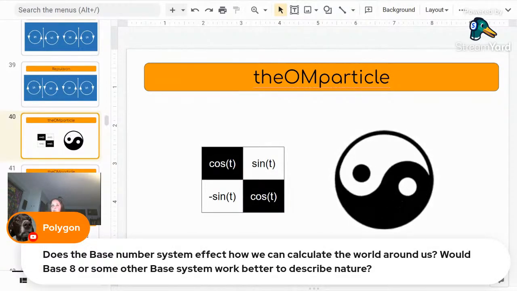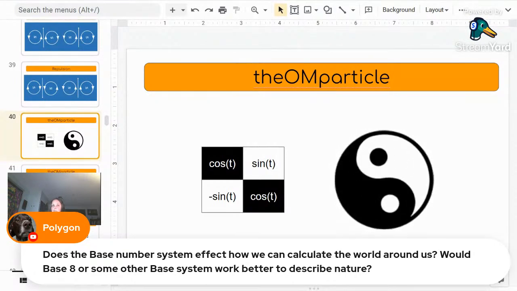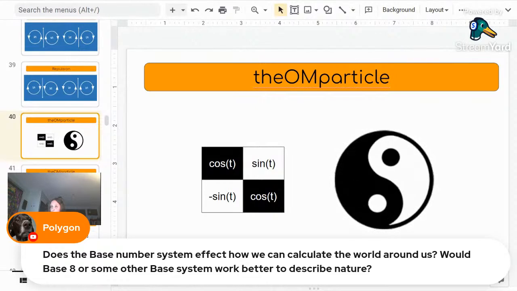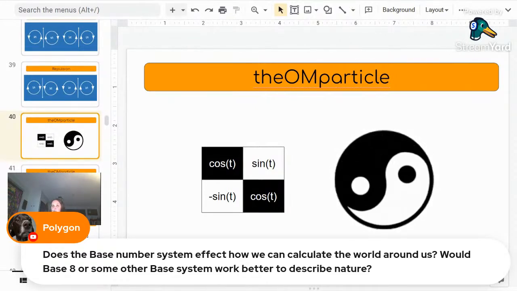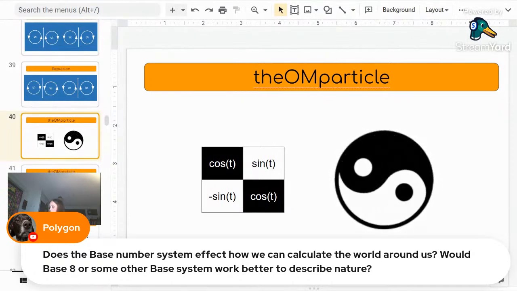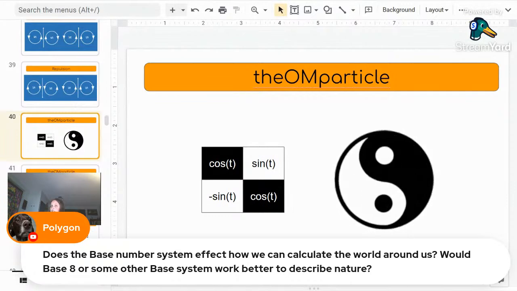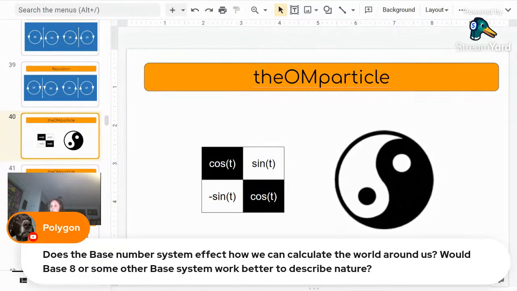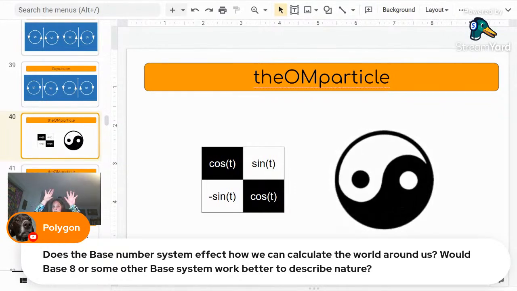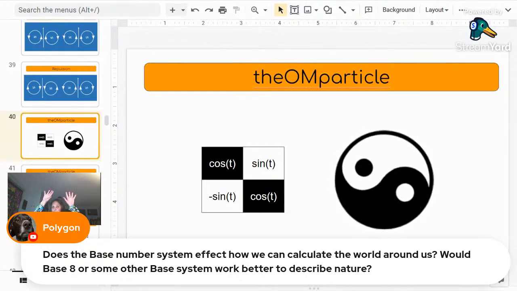Okay, so does the base number system affect how we calculate the world around us? Would base 8 or some other base system work better to describe nature? Okay, so that is also a really good question. The base numbers are fairly arbitrary, I'm going to say. We use base 10 because we have 10 fingers and 10 toes.